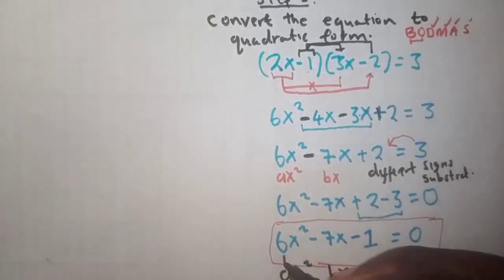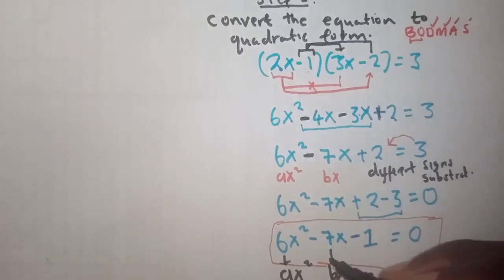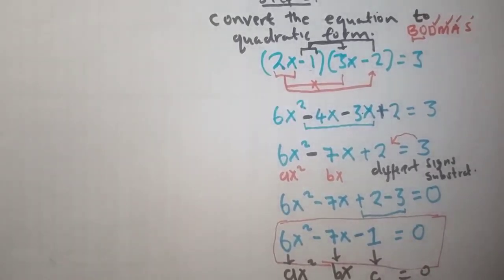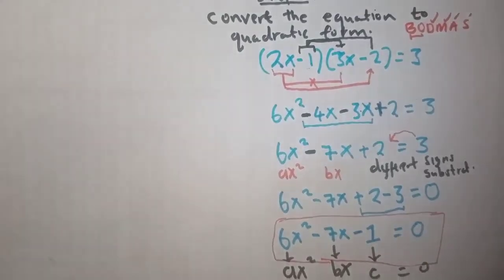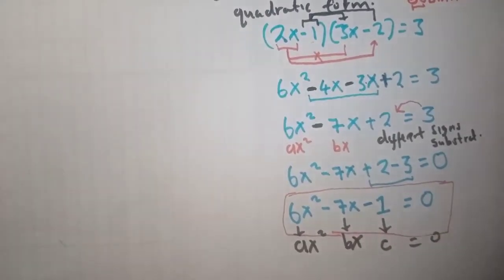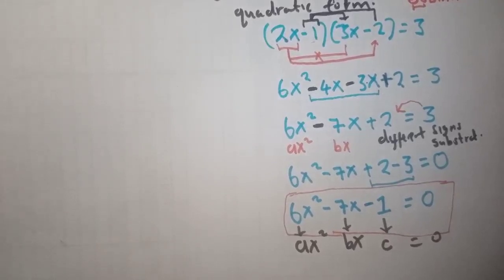Your a is 6, your b is negative 7, your c is simply what? 0. Your c is simply 0. So we have converted this into a quadratic equation.